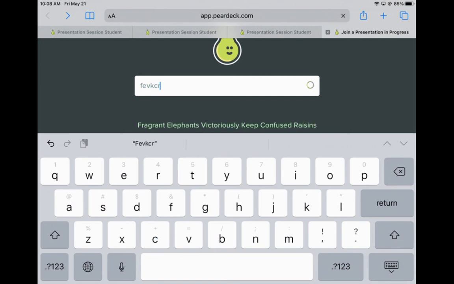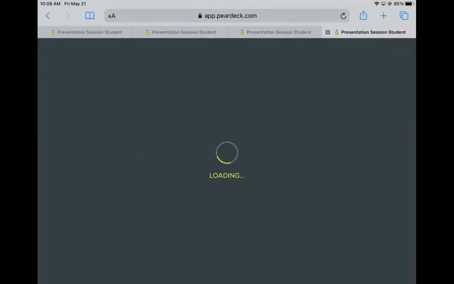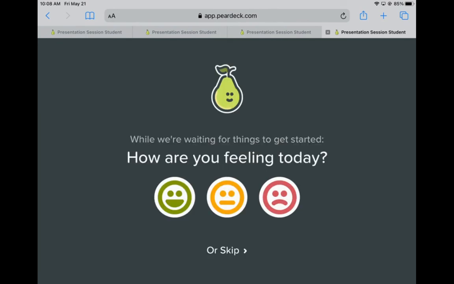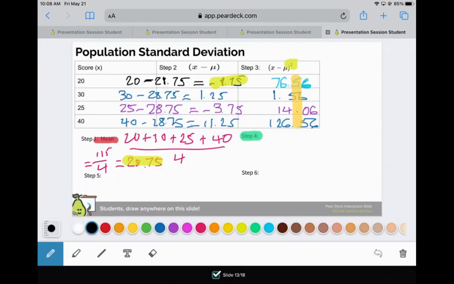All right, so I would add them up. That would get me 218.74. So this is step 4.